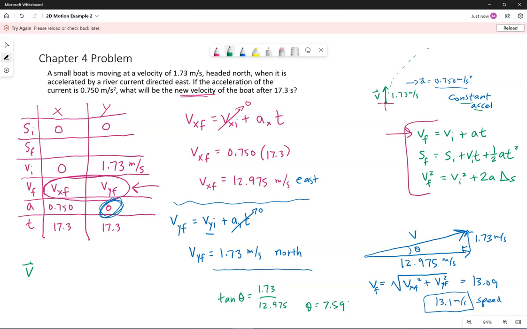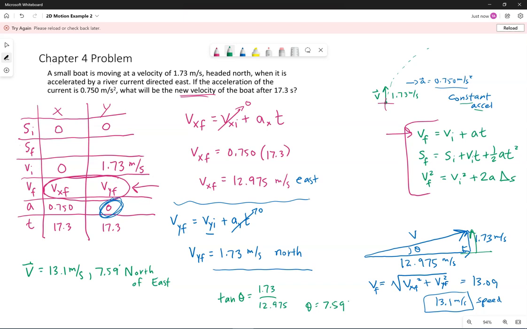So our velocity of the boat after 17.3 seconds is going to be 13.1 meters per second at 7.59 degrees north of east. Because east is to the right, we're going north of that by our angle theta.